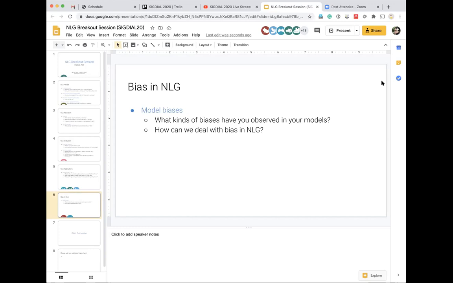I think this is a really hard topic, and it leads into ethics. We as a community need to be really mindful of this, and at least aware of what kinds of biases are inherently in these models. I don't know if anybody has had any explicit experience with any of this.